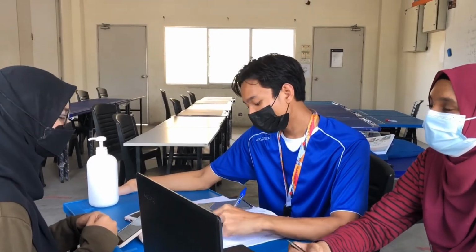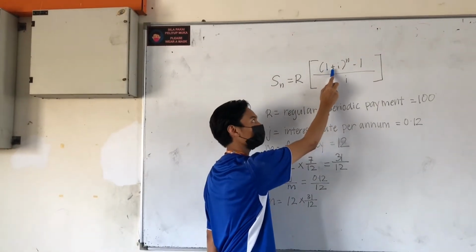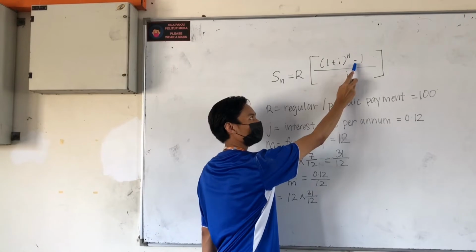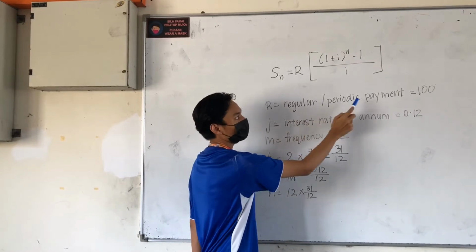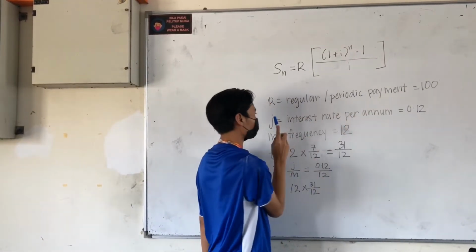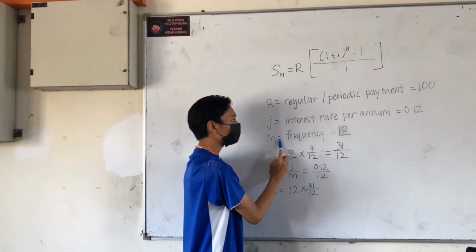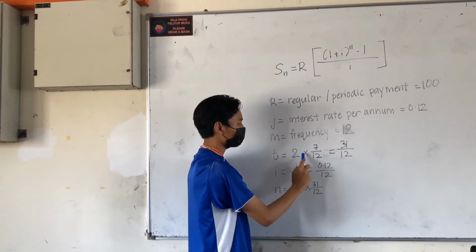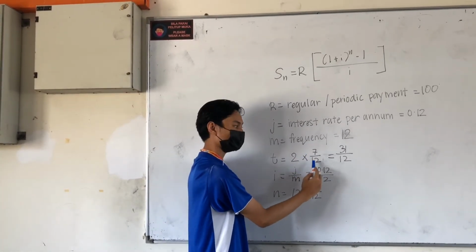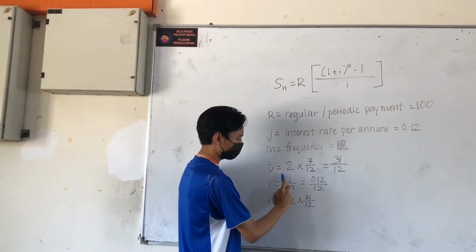Before we calculate, let's figure out first the formula of future value. Sn equals R times bracket (1 plus i) power of n minus 1, divided by i, where R is the regular or periodic payment, which is 100, J is the interest rate per annum, that is 0.12, m is the frequency, which refers to 12, and T is time in years, so 2 and 7 over 12 equals 31 over 12. i is the interest rate per compounding period.